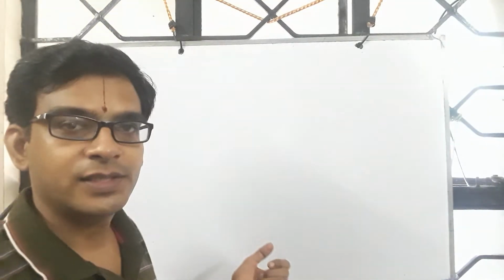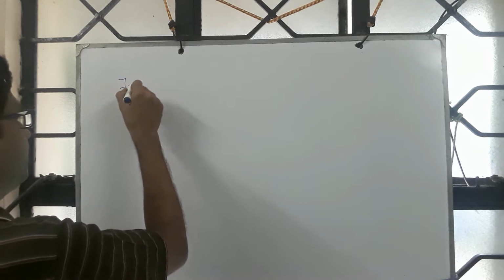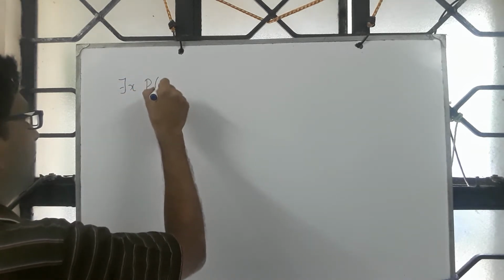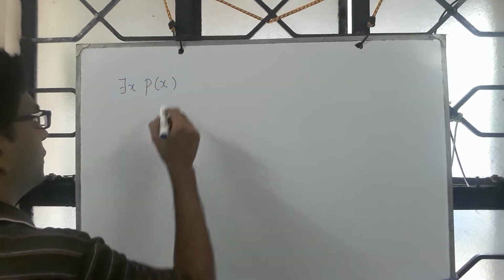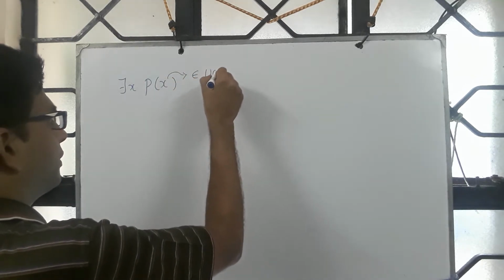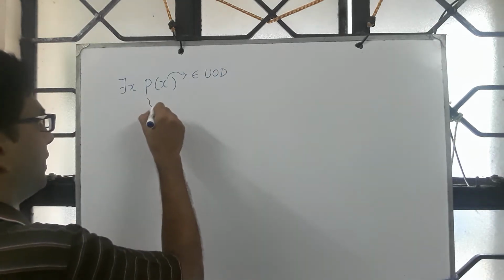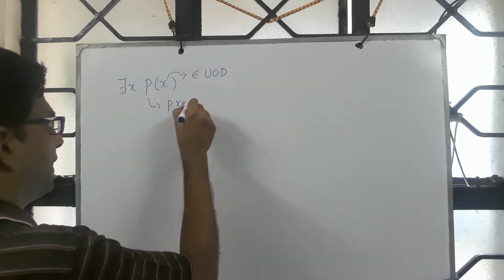So we were discussing quantifiers. In particular, there exists x, p of x. So x comes from something called the domain of interest or universe of discourse. P is called the predicate.